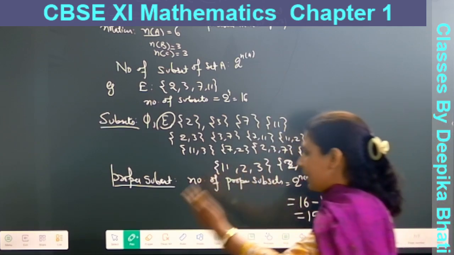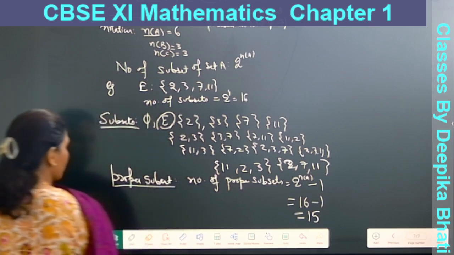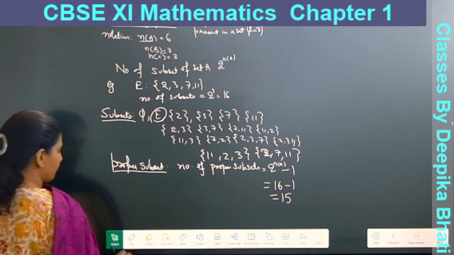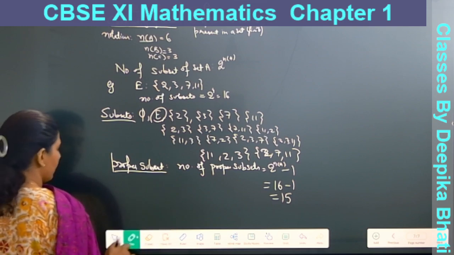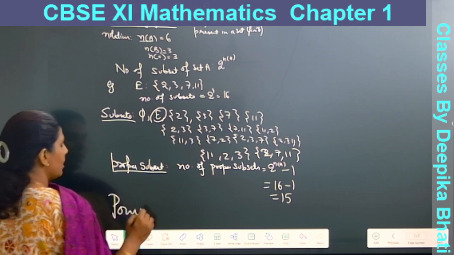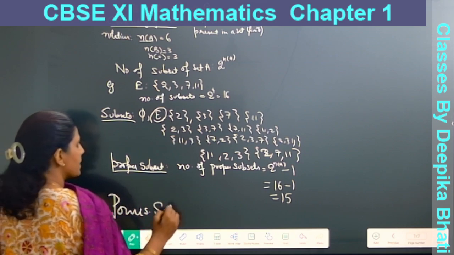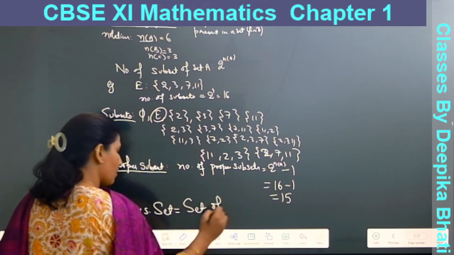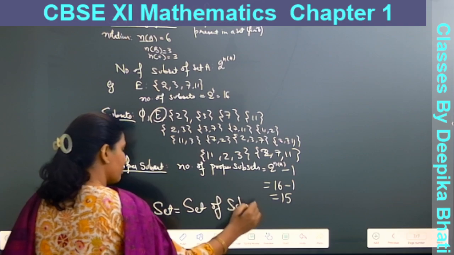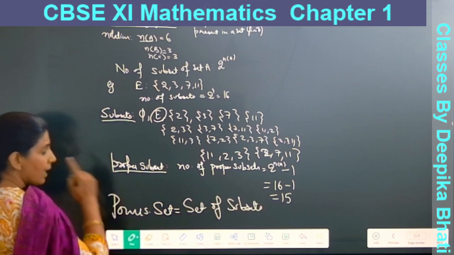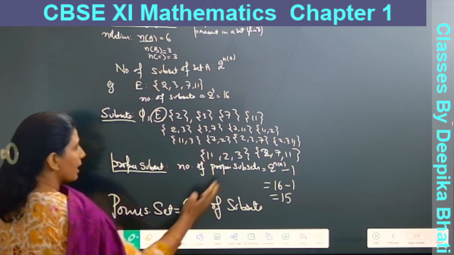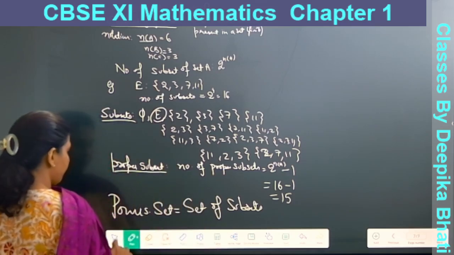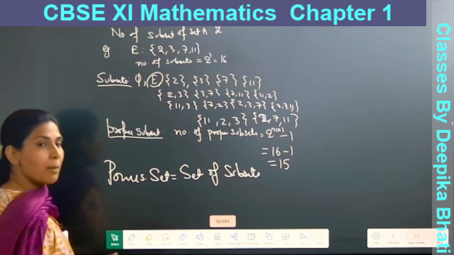Let me take you to another concept: the power set. What is a power set? A power set is basically a set of subsets. As we are talking about subsets, if I keep all these subsets in a single set, that set becomes a power set.